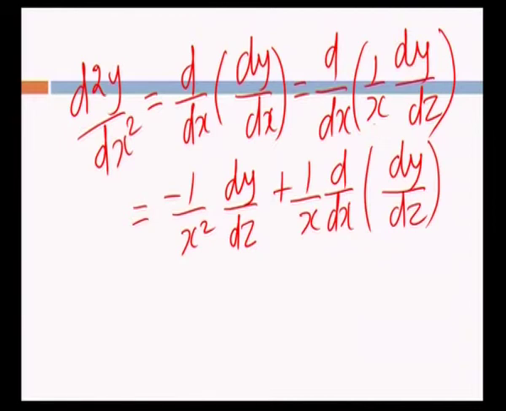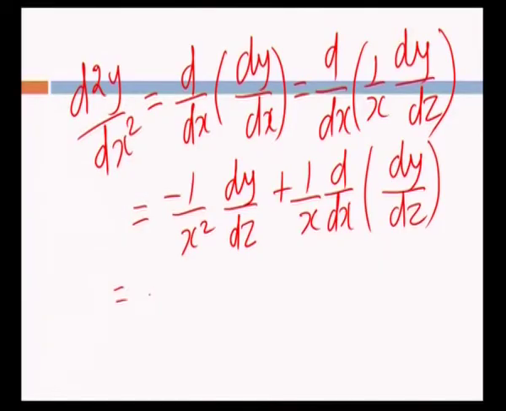This step came by this differentiation. Here 1 by x into dy by dz is considered as uv. So, differentiation of u into v with respect to x gives u dv plus v du. So, we got this step.